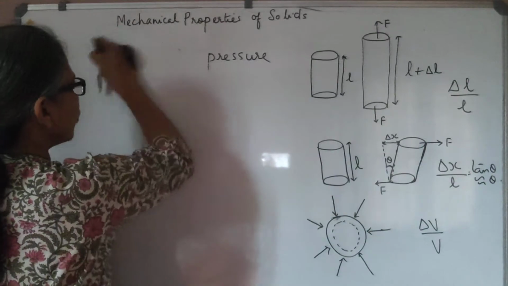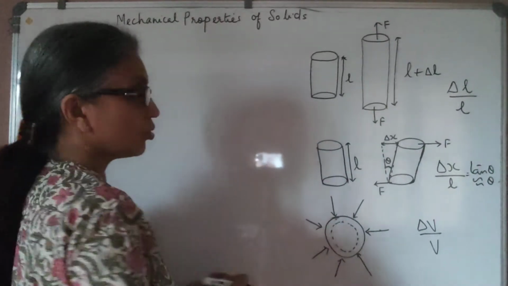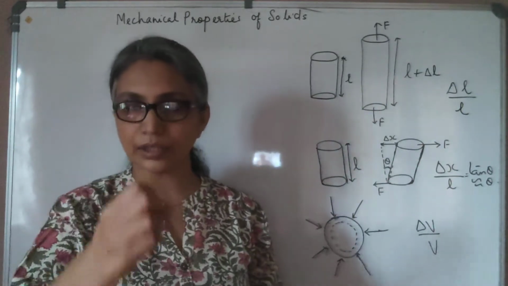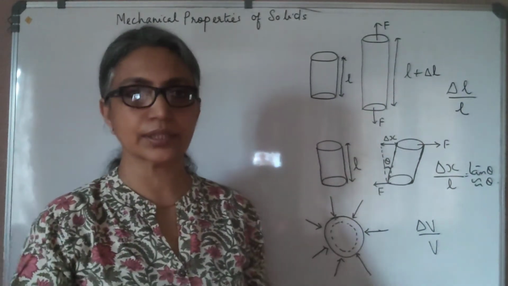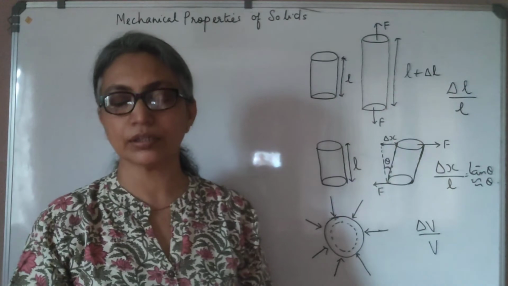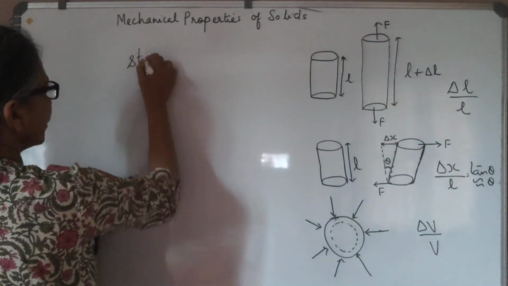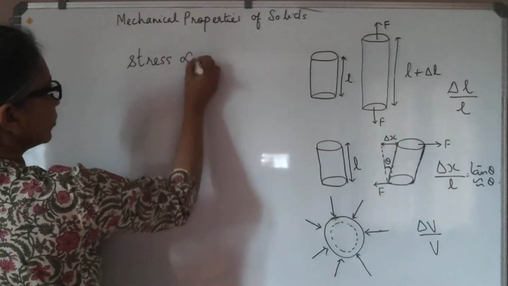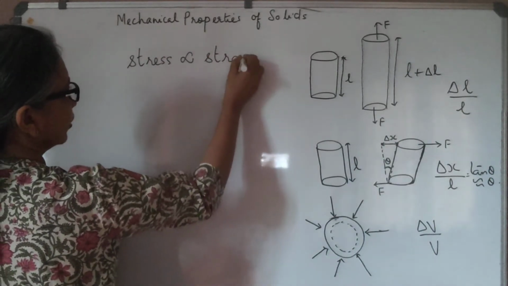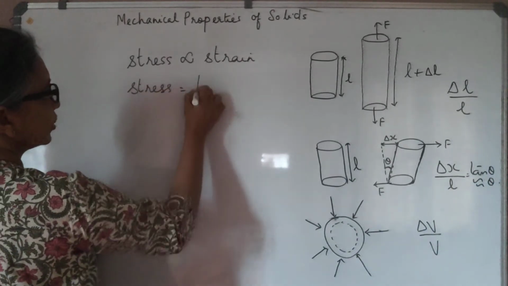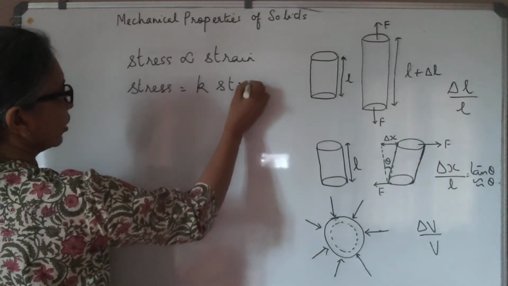Now from here we move on to Hooke's law. Robert Hooke performed a series of experiments studying the elongation of different kinds of materials, and he put forward his law, called Hooke's law, which says that the stress applied to any body is directly proportional to the strain on the body, or stress is equal to some constant into strain.